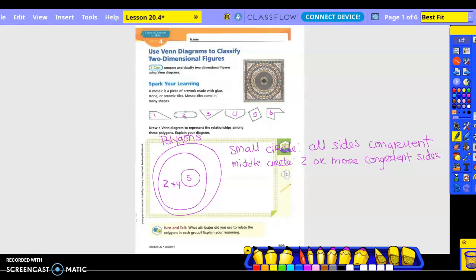And then the large one would be what? 1 or more, right? Large circle, 1 pair of congruent sides.